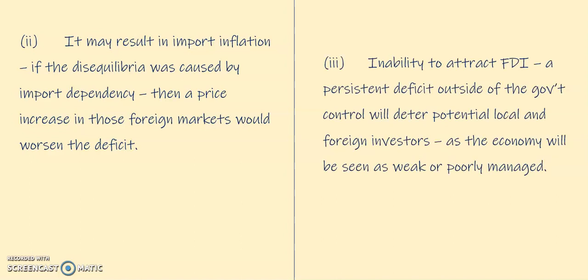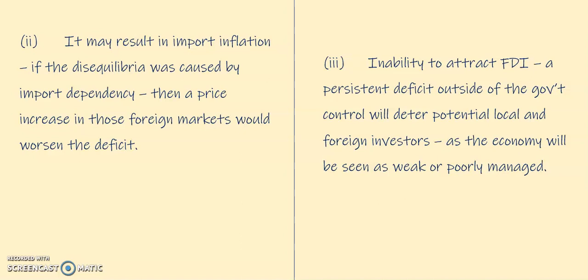A third consequence will be your inability to attract foreign direct investment, because a persistent deficit, in other words, if the deficit is outside of the government's control, is going to deter potential investors, whether local or foreign, from building up the capital stock in the country.